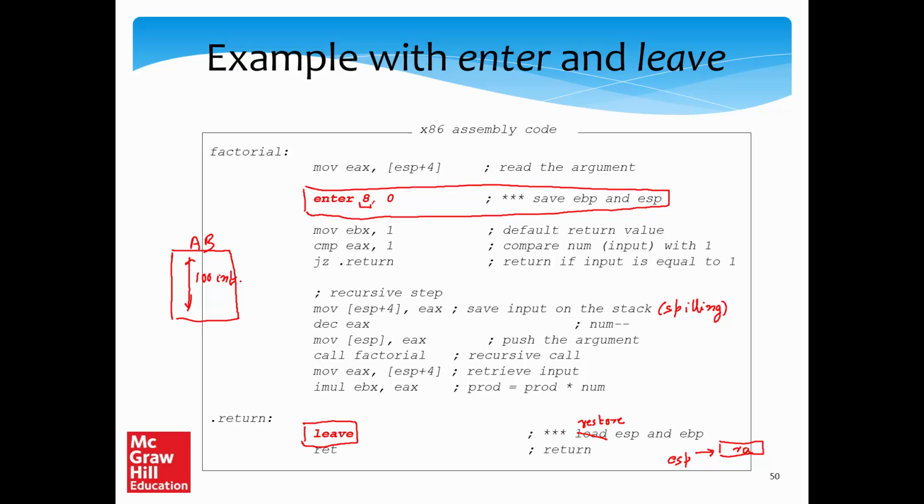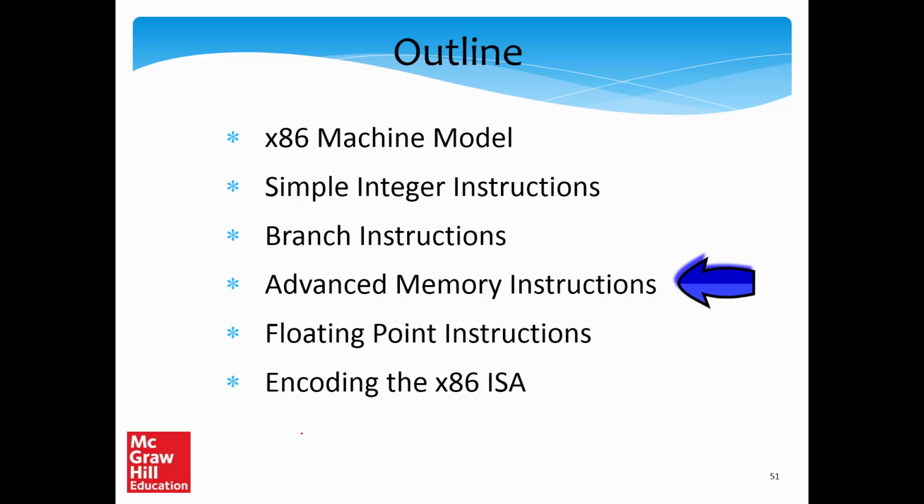So instead of monitoring it in a very fine-grained manner, what is the ultimate thing that we need to ensure? That when the function returns, this entire structure is killed. This is exactly what the enter instruction and the leave instruction allow you to do. So using enter as one of the first instructions in a function and leave as one of the last instructions, like the instruction just before ret, is actually a good idea and good x86 programming practice.